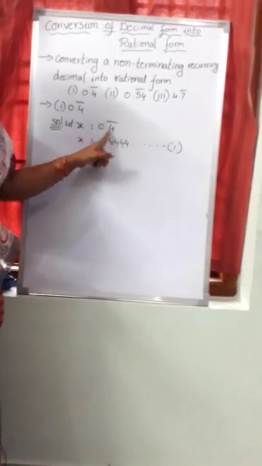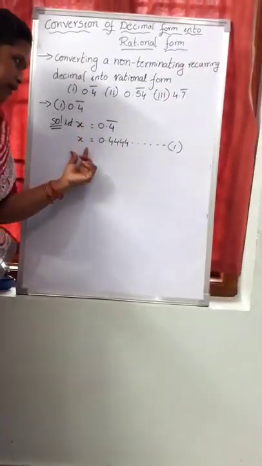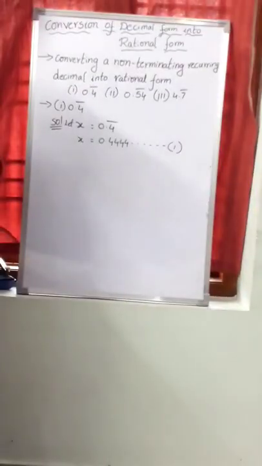Now here the periodicity is 1 because one digit is repeating. So if the periodicity is 1, then we have to multiply both sides of equation 1 with 10. Once again I am repeating, if the periodicity is 1, we have to multiply both sides with 10.